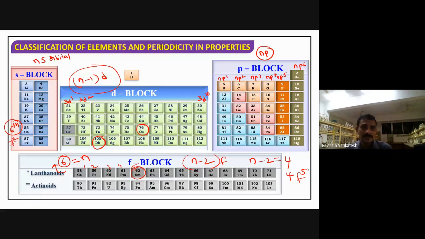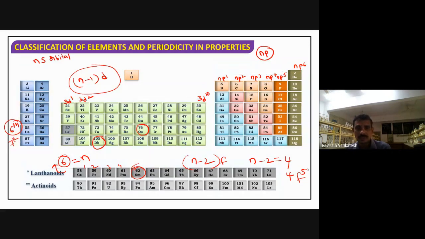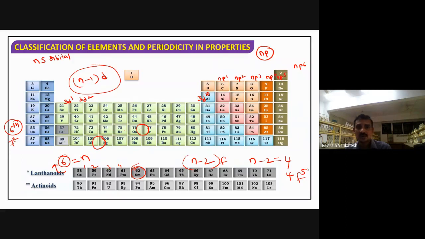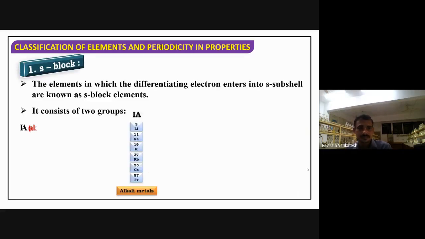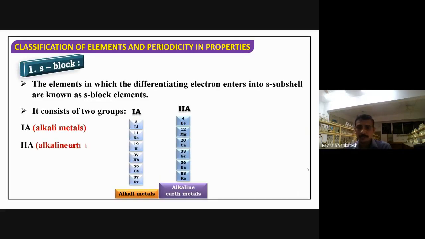If you observe, S block, P block, D block, and F block. So this is about the classification. So this is the modern periodic table. In S block, what elements do we have? First A group, second A group. First A group is also called alkali metals. Second A group is called alkaline earth metals, isn't it?